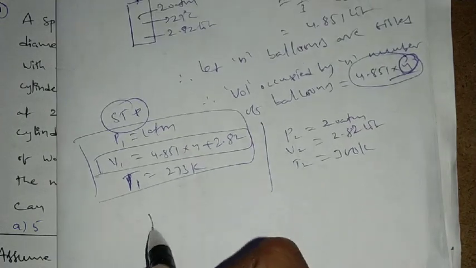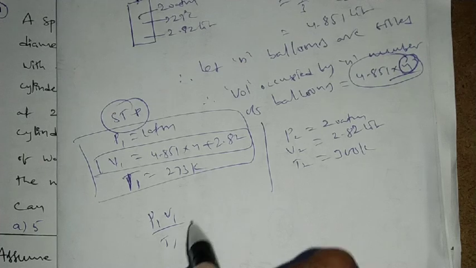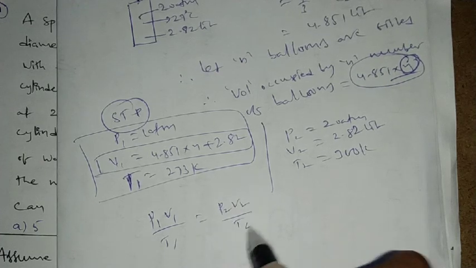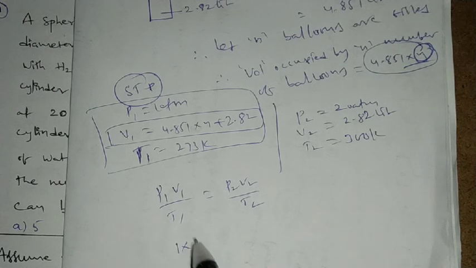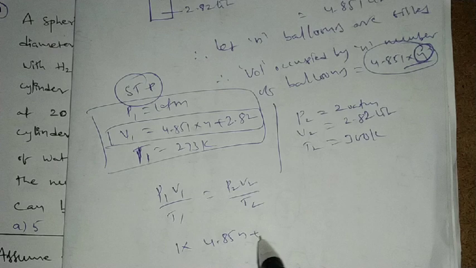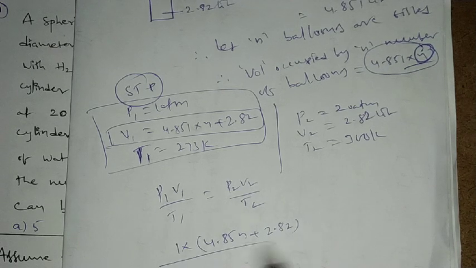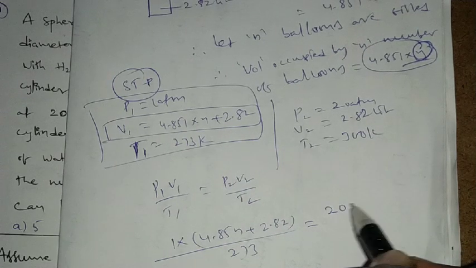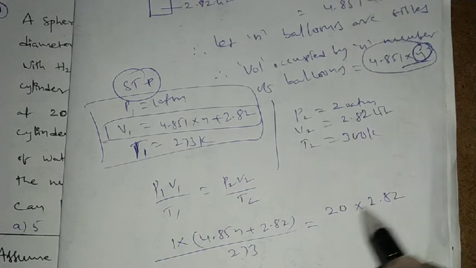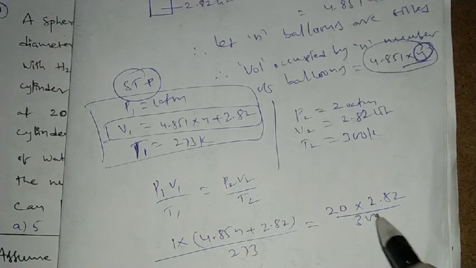Now from this data, what is the formula we know? P1 V1 by T1 equal to P2 V2 by T2. Is it okay? Now substitute here: 1 into V1, nothing but 4.85 into N plus 2.82, by T1, nothing but 273, is equal to 20 into 2.82 by 300.